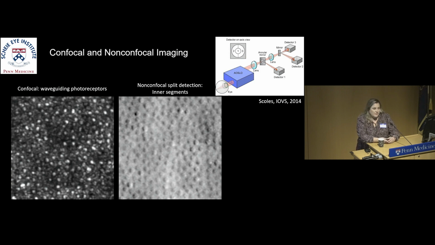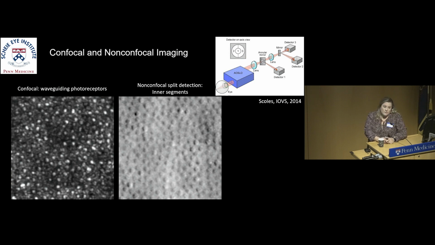Like microscopy, you can alter the detection schemes of your imaging devices in order to capture different modalities of images. As described here by Drew Scholl in 2014, in addition to capturing the confocal light, we're also able to capture the non-confocal light and then split that non-confocal light into two detectors and look at the difference between those two collections.